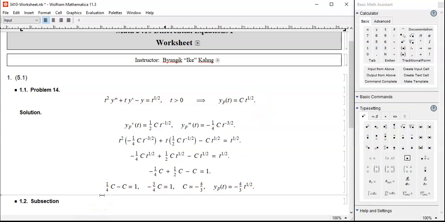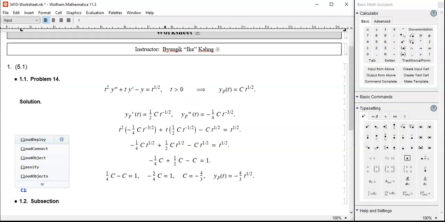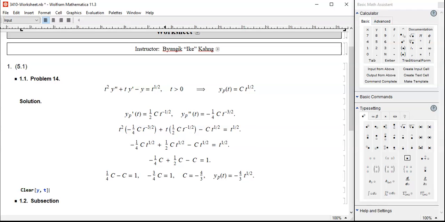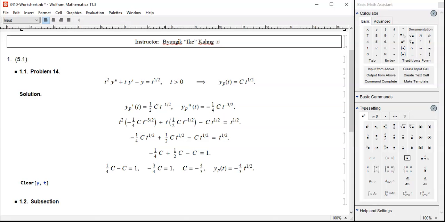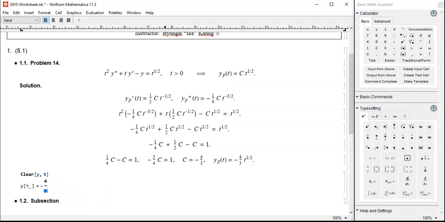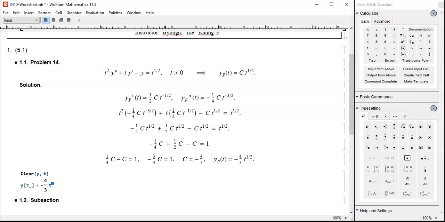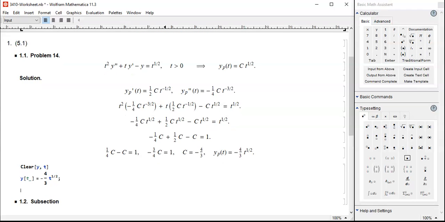Okay, does it work? Well, let's find out. Clear the variables, and then let's define y of t as negative 4/3 t to the 1/2 power.